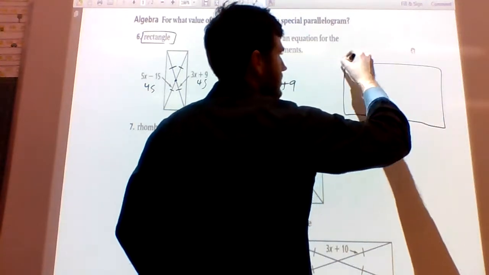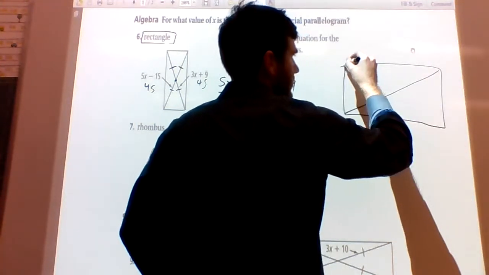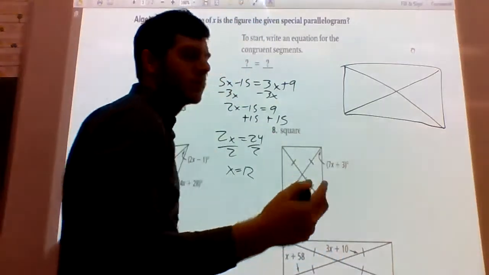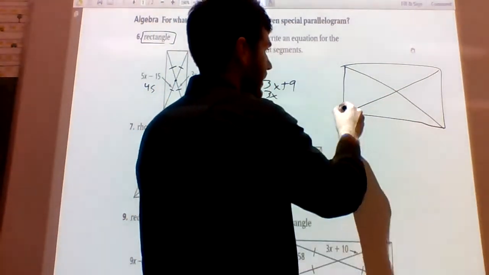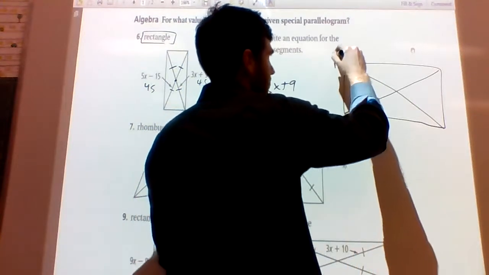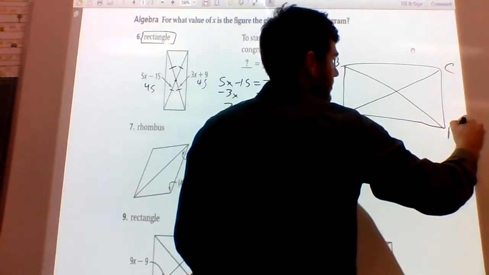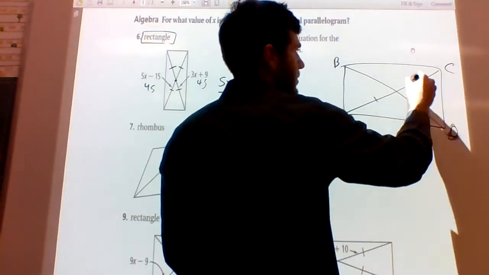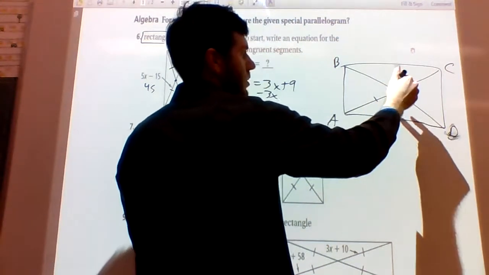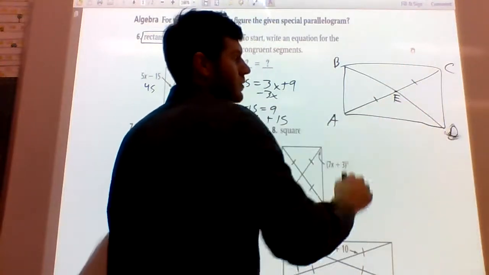Here's a rectangle. Here are our diagonals. Since the parallelogram's diagonals bisect each other, if AC is bisecting BD, we have E in the middle, and AE is congruent to EC.